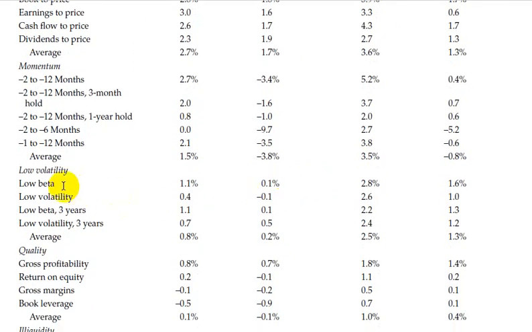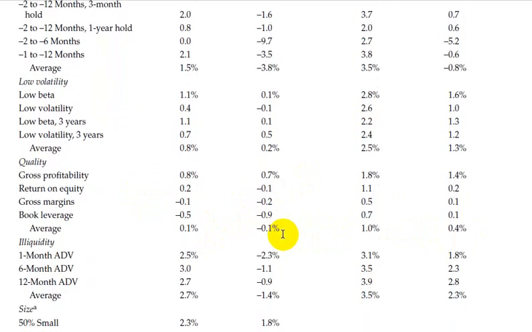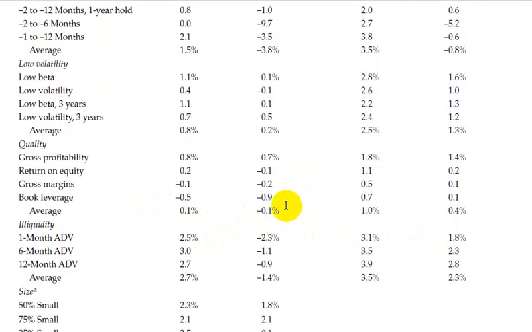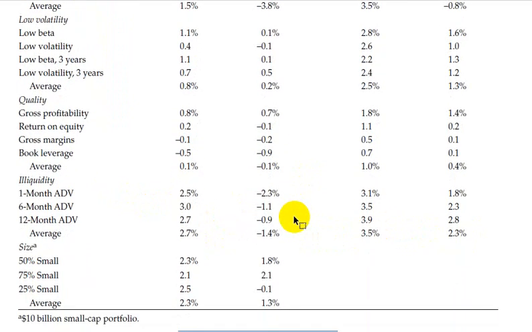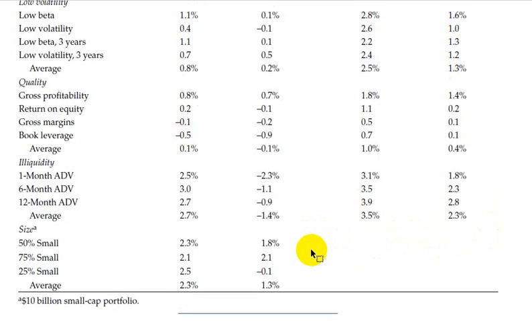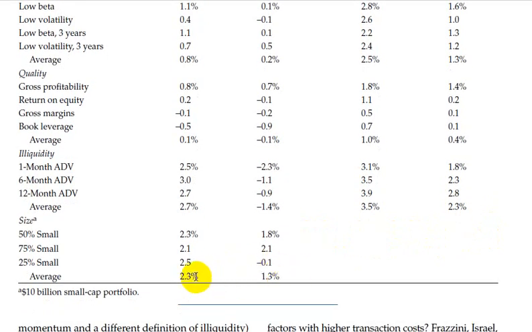For the low volatility, low beta strategy, we got a little bit of a decrease in the return once we add transaction costs, but it's still a positive added value from that factor. Quality goes to a negative factor, liquidity goes negative as well, except in small caps we've got a positive value from that factor, and the size factor will remain positive, but the value is kind of split in half.